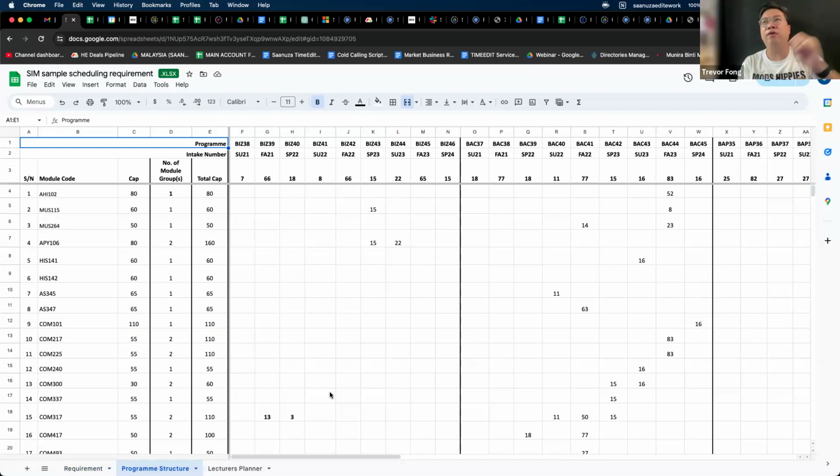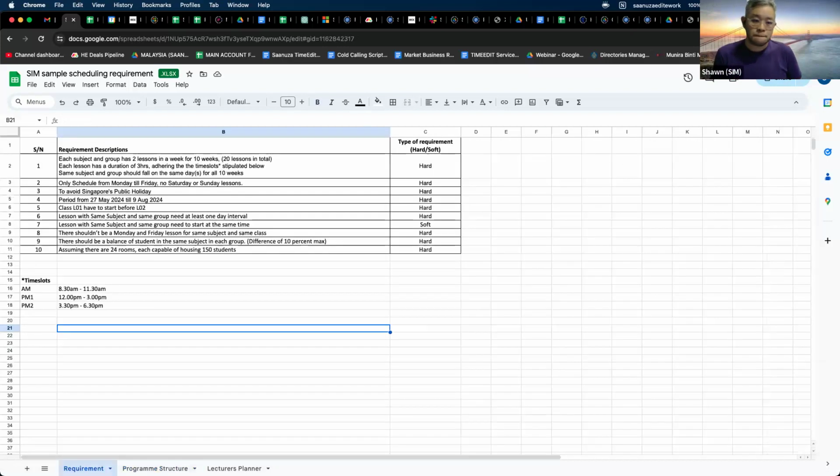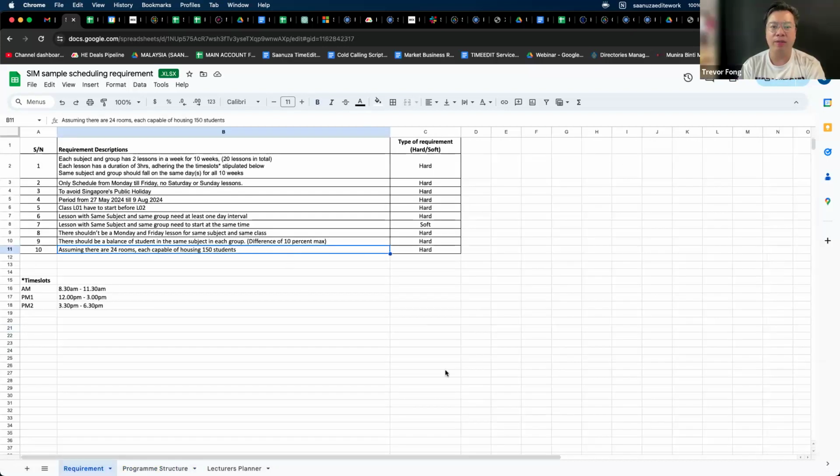So basically you're saying that within this demo constraint, work within 24 rooms, each room seating up to 150 students. Yes, just assume that we have 24 rooms, and each room can seat 150 students. There's no need to say, oh, it's only 20 students. If I put 20 students in a room for 150, it is a waste of resource. That consideration we don't look at for now. We just assume that we have 24 rooms. That's the constraint that we have.